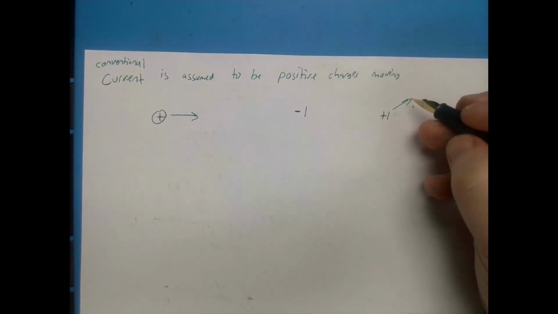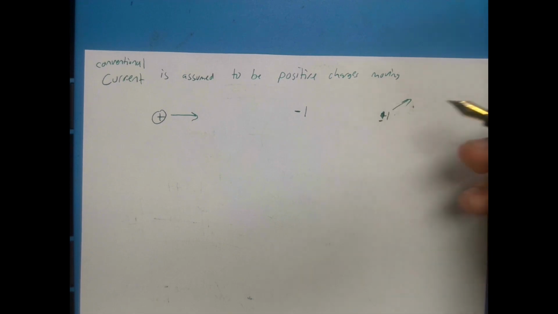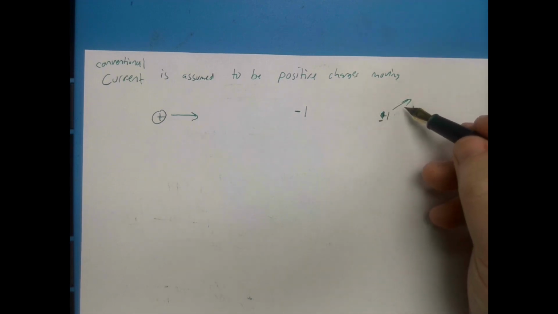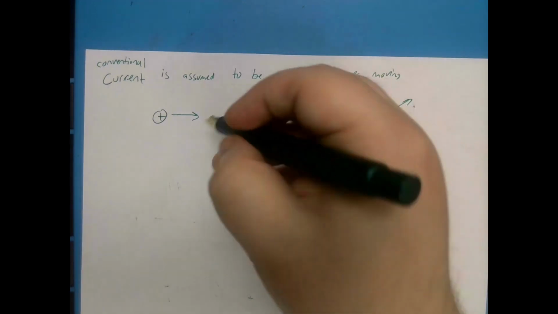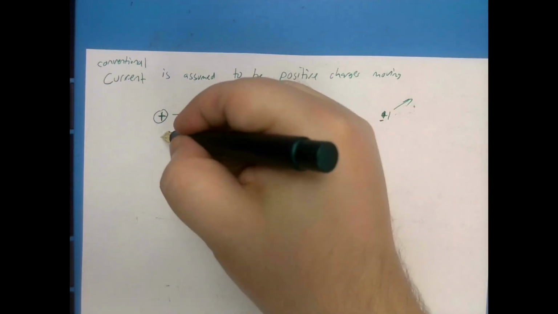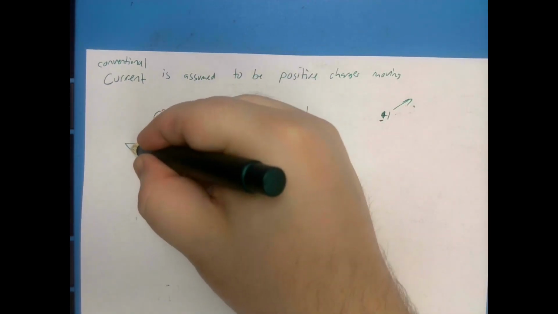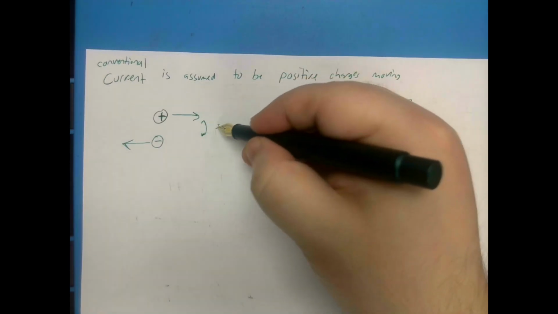Remember vectors? Or I should say, let's have a -1. You can flip the direction and change the sign to make them equal. So having a plus charge going to the right is the same thing as having a negative charge move to the left. These two things are the same thing.